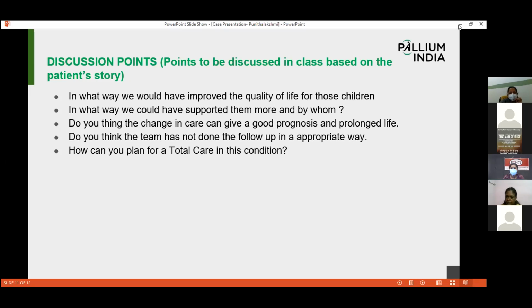In palliative care, family is never left behind. Always think of the family also, because ultimately the family gives the care, not only the healthcare team. So involvement of the family and friends in the care of a person is very important. So that is very nice.